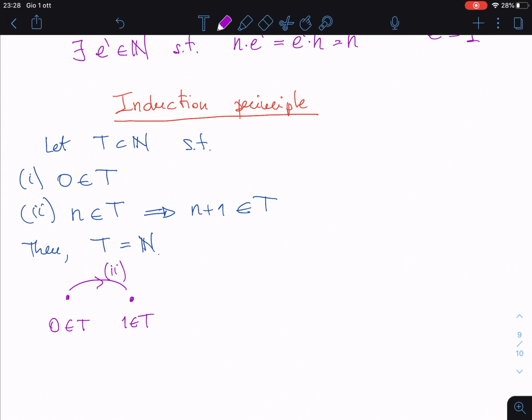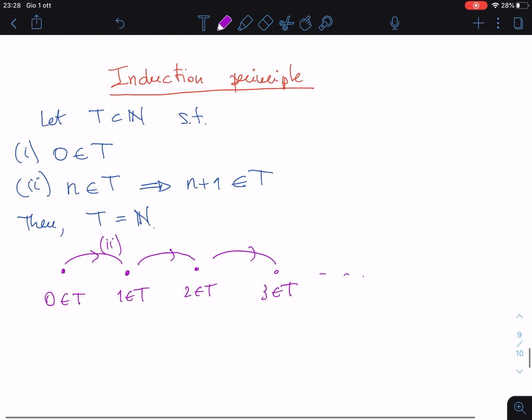But again, using point 2, if 1 belongs to T, then 2 belongs to T, and so on and so on. You see from this intuitive process that every natural number belongs to T.